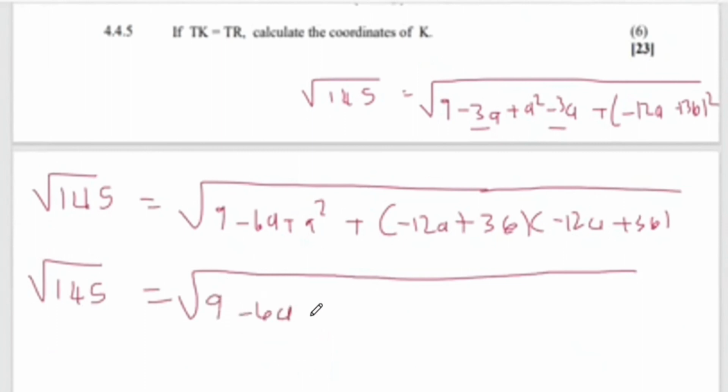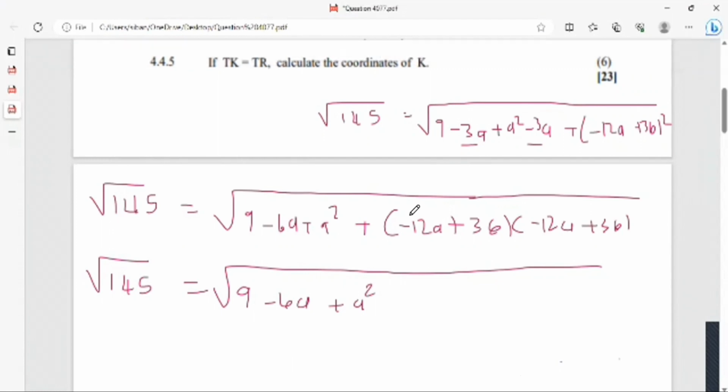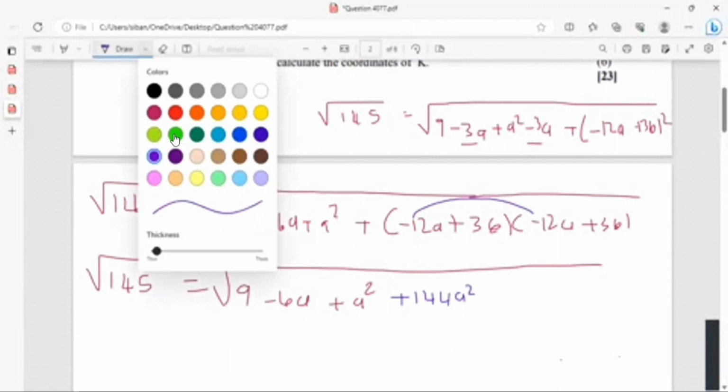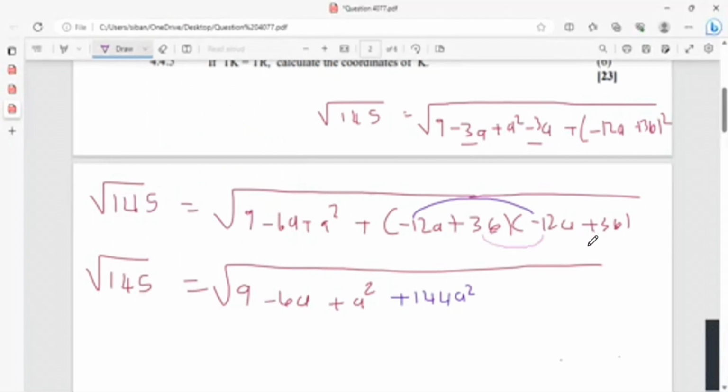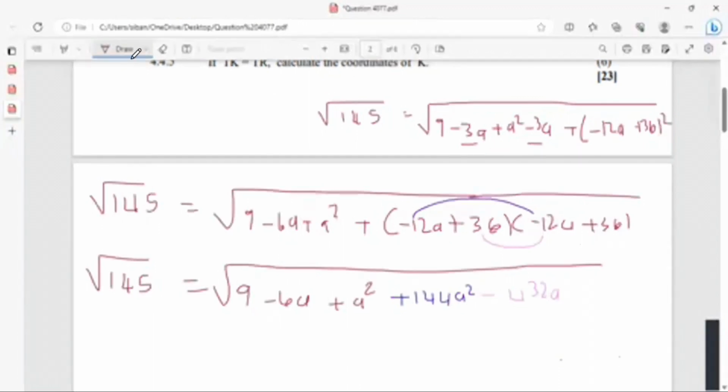Let's multiply out the other two brackets. So we'll say minus 12a times minus 12a. That will give me plus 144a squared. Next up, we will say plus 36 times minus 12a, and that will give me minus 432a.